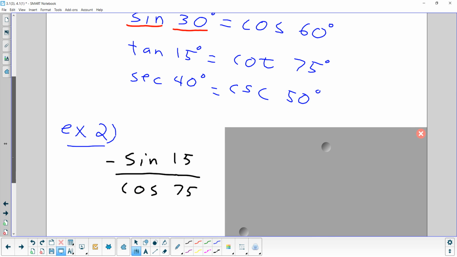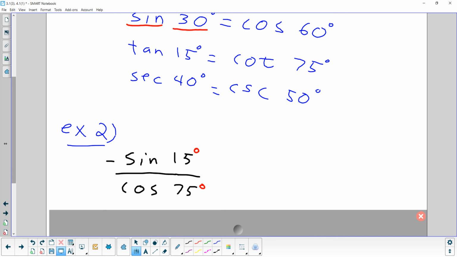So look at this one. They want to know what the sine of 15 is divided by the cosine of 75. Directions here might say simplify.